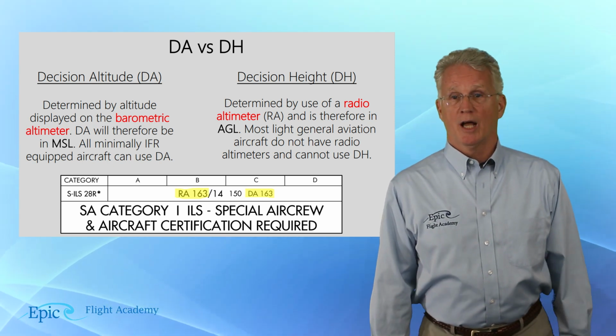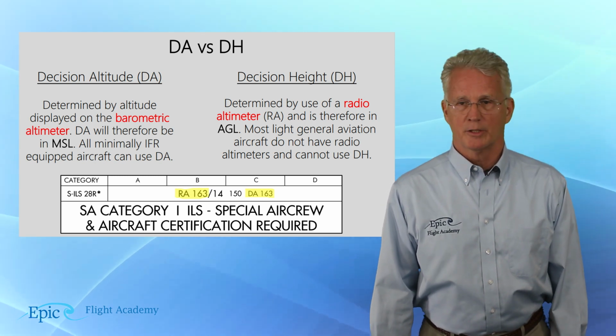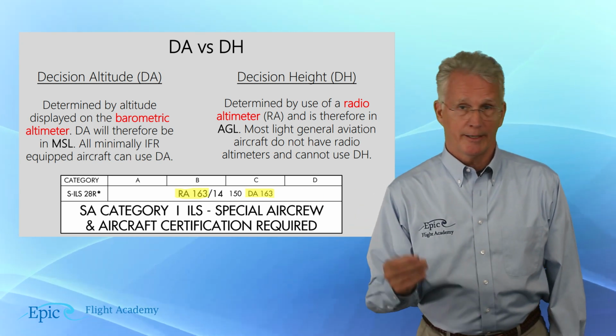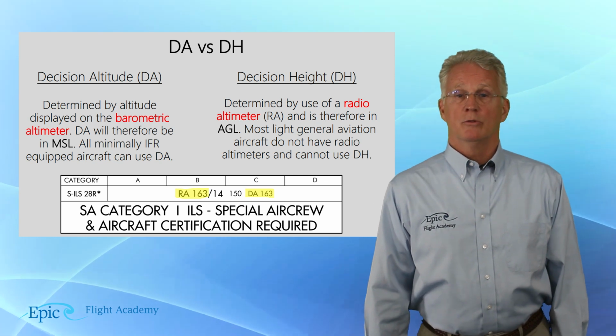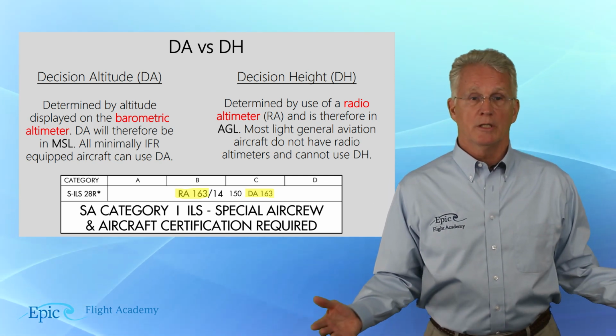The decision height is determined by use of a radio altimeter and is therefore in AGL. Now, most light general aviation aircraft do not have radio altimeters and therefore don't use DH.